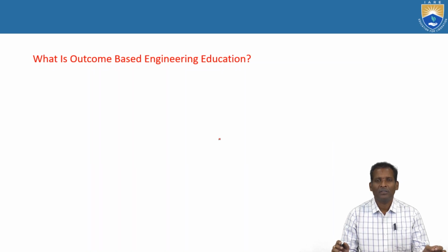It mainly focuses on the quality of student education, on what students can do and what they are expecting from the teachers. All these things are covered in outcome-based engineering education. Then only will we give quality education to the students.